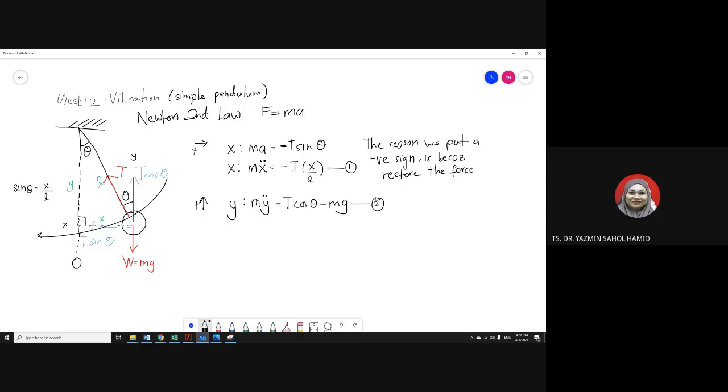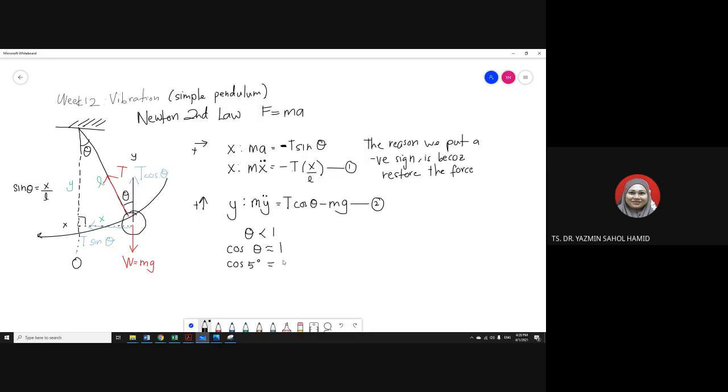Okay, now sometimes what we do is we usually try to simplify things. So usually our value of theta is always small ataupun dia usually dia akan hasilkan less than 1. So what we do is usually cos theta kita akan make sure dia equal to 1. Okay, cara ni macam ni. Tengok, cuba I try and show you. Cos 5 degree berapa?